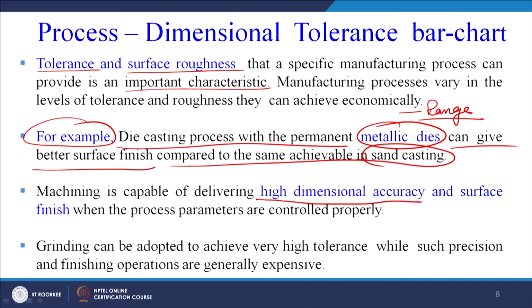Machining is capable of delivering high dimensional accuracy and surface finish when the process parameters are controlled properly, and all of us know that after sand casting we normally give the machining allowance. Why? Because later on we need to machine the casting in order to produce the desired surface finish. So, which clearly indicates that machining will provide us a better surface finish as compared to the sand casting process.